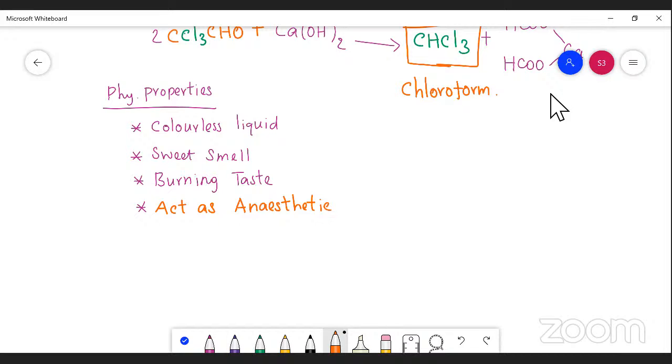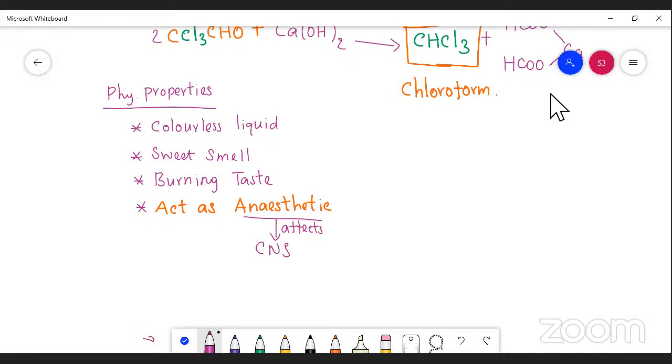And what do you mean by anesthetic? An anesthetic is one which affects the CNS. What is that CNS? It is the central nervous system.